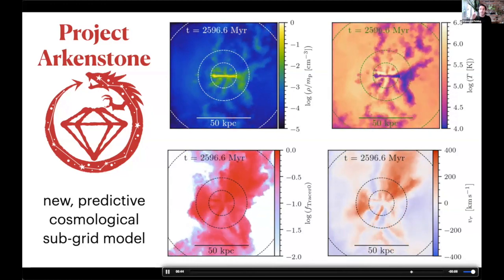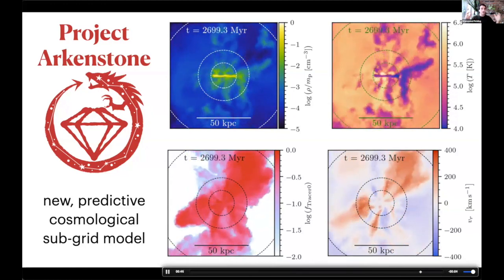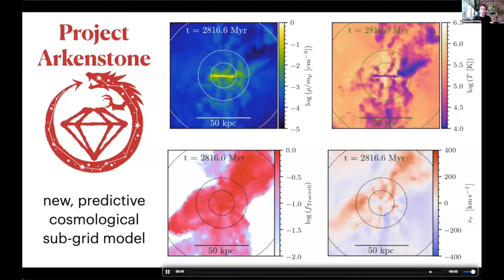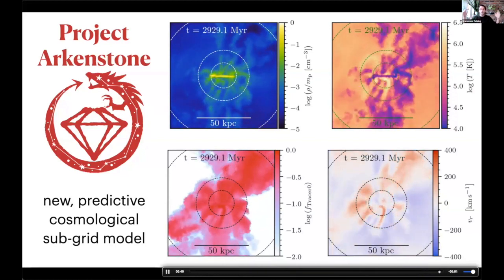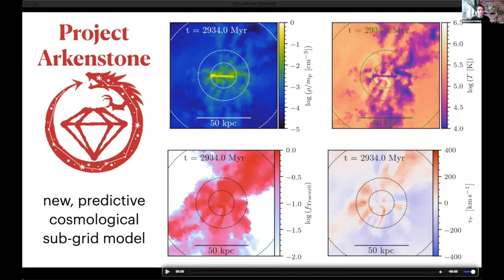And so I think as we push to larger and larger volumes, as new telescopes come online and try to understand the structure of the universe, simulations using this sort of subgrid model is going to really revolutionize things.